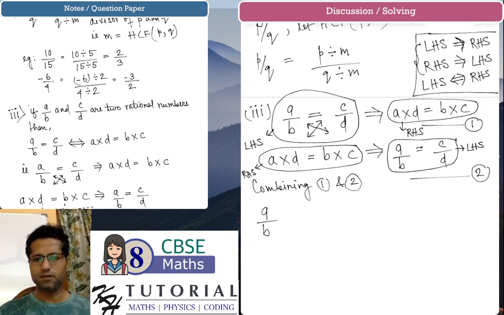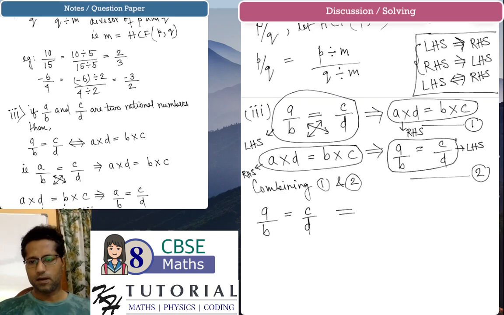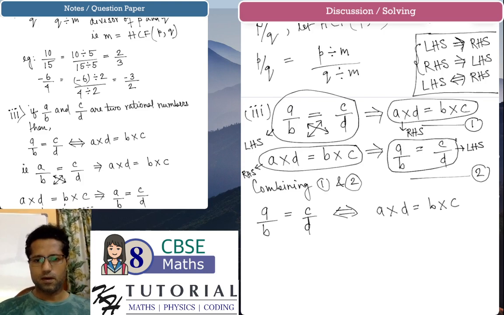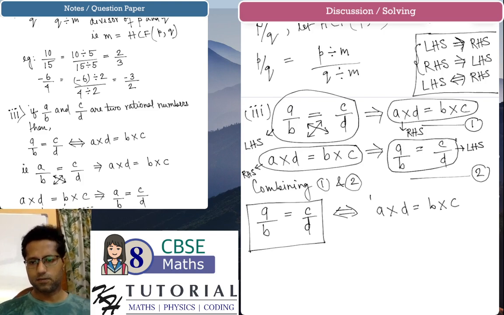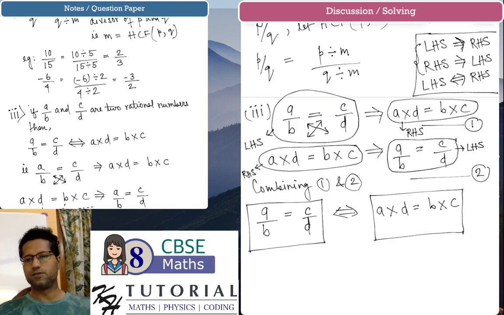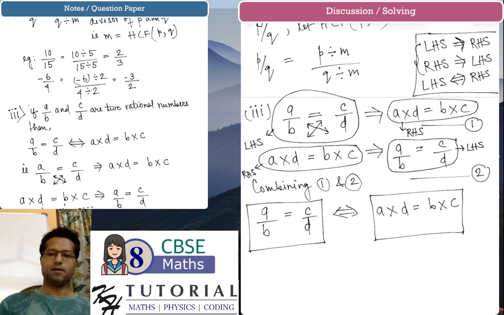Similarly, for property 3, if the rational number A by B is equal to C by D, we will have a double implication that A into D equals B into C. That is, this result will imply this result, and this result will also imply the left hand side result.